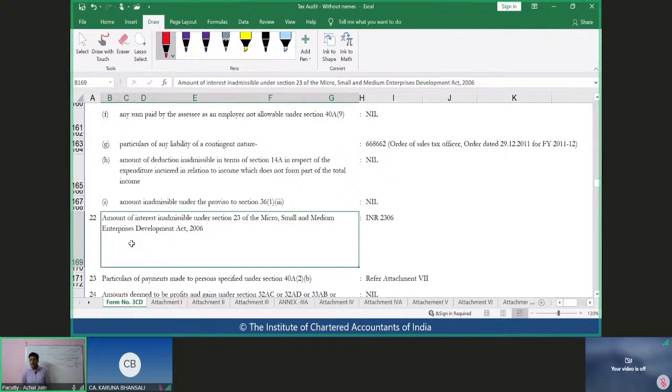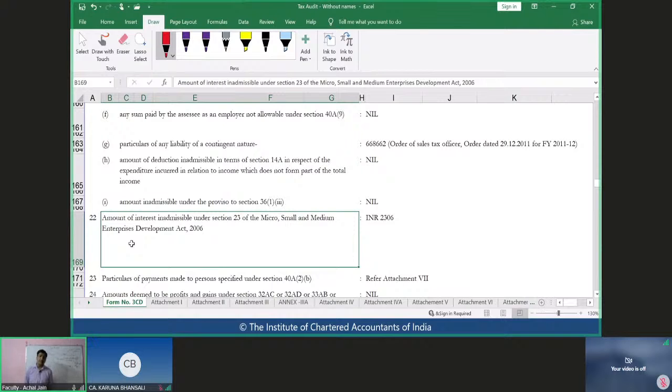In case it's not done, it will again be required by the auditor to check some of these parties, or to check the mechanism of the management to identify which parties will fall under micro, small and medium enterprises, and which parties will be reportable over there, and on which interest should have been computed.